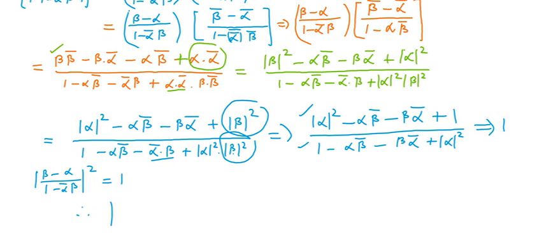Therefore, mod of (beta minus alpha) upon (1 minus conjugate of alpha into beta) is equal to 1. Proved. This is the way to solve complex number problems by using some properties.